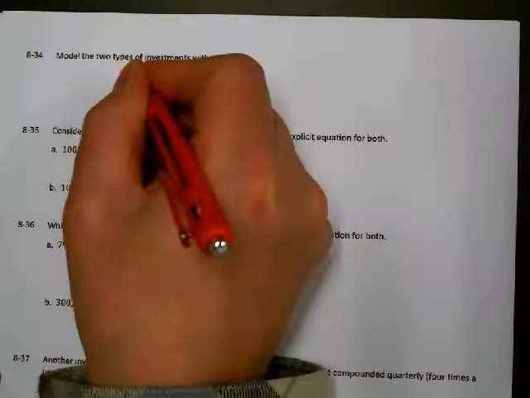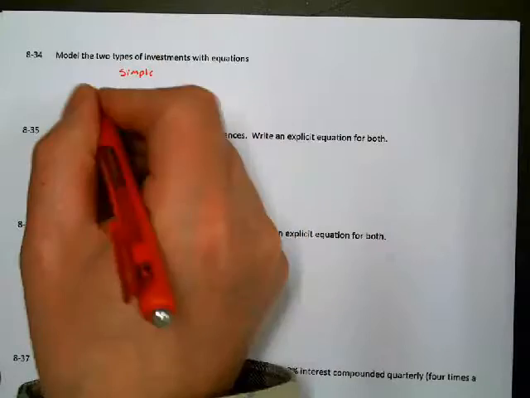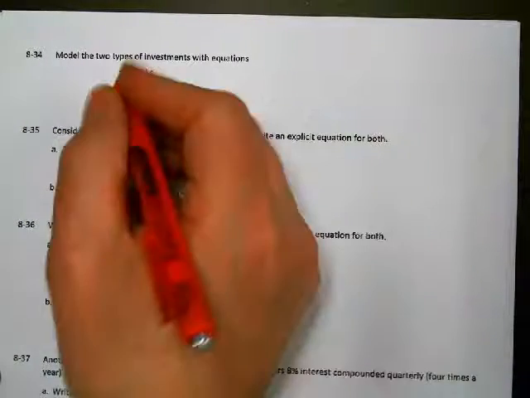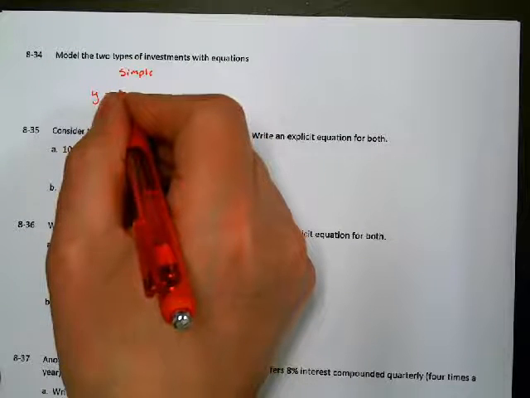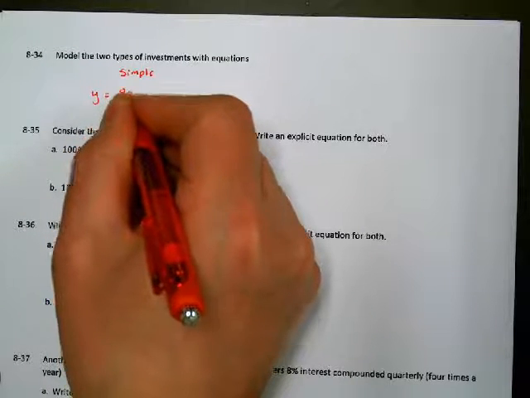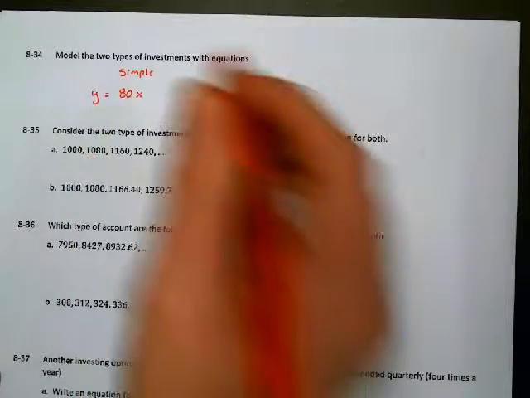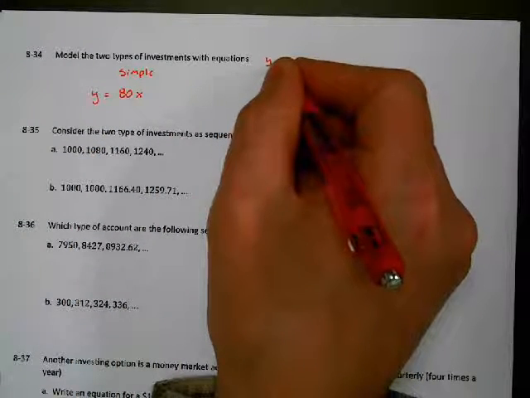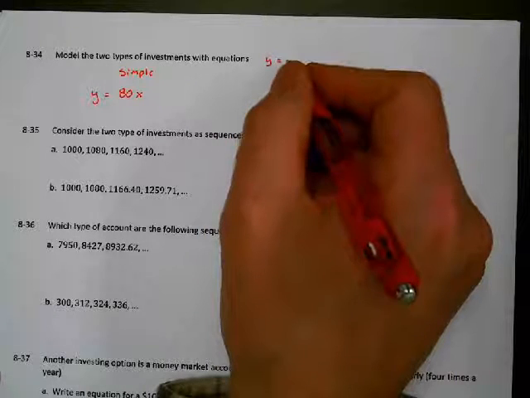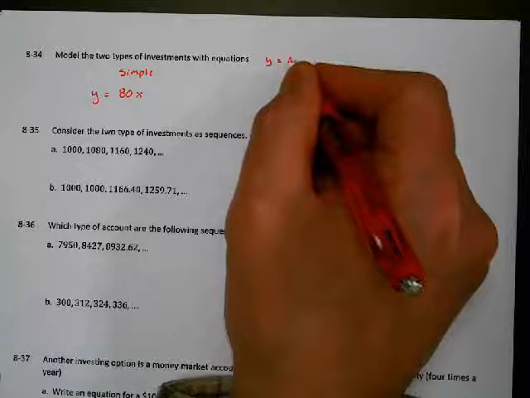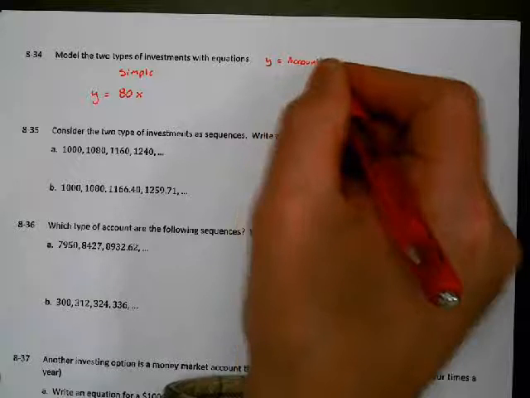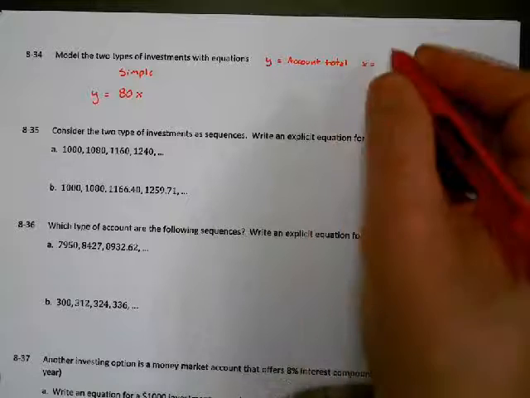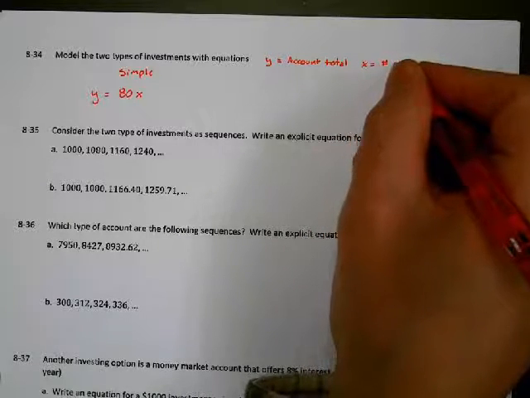Since this is linear, the increase is $80 every year. So I'm going to say 80 times the number of years. Y is going to be the account total, and I'm going to let X equal the number of years, or time in years.